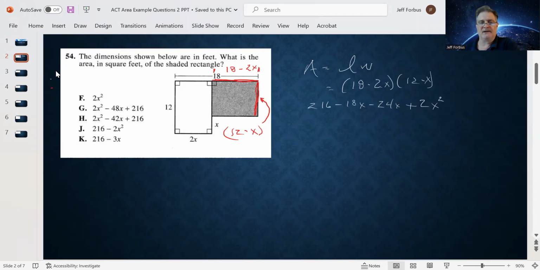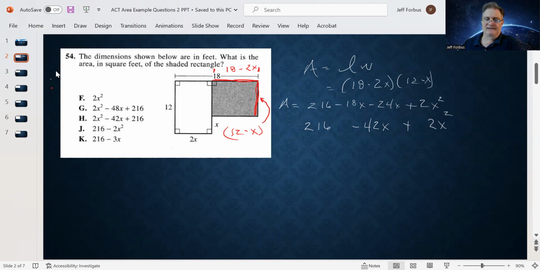All right, so let's clean up some of this. The negative 18x and the negative 24x come together to give you a negative 42x. That leaves us 216. And that's going to leave us 2x squared. Okay, so there is our equation.